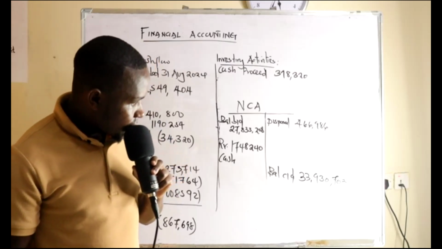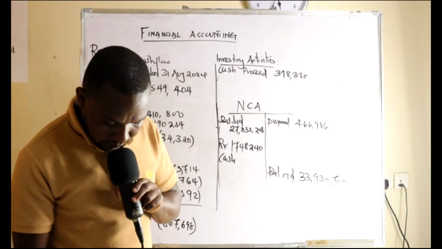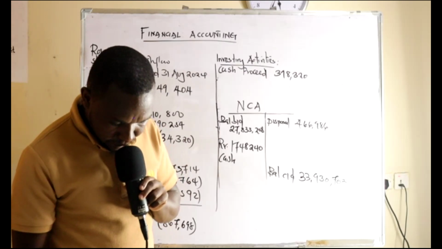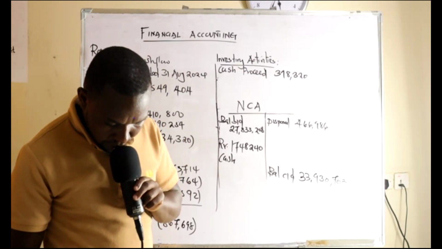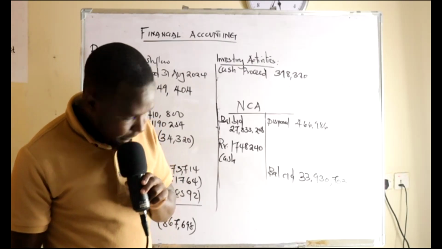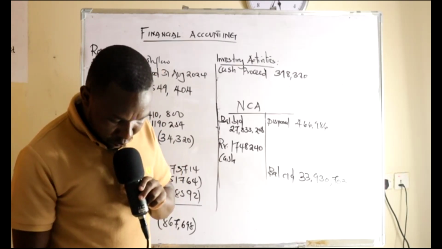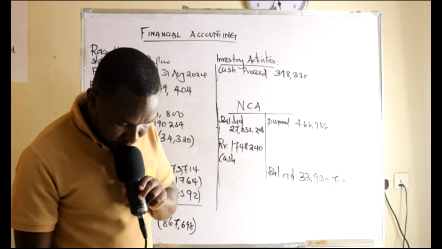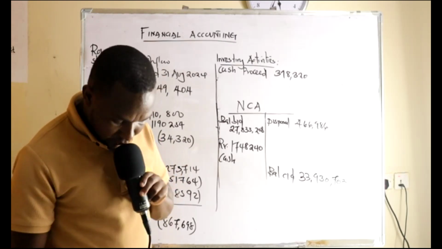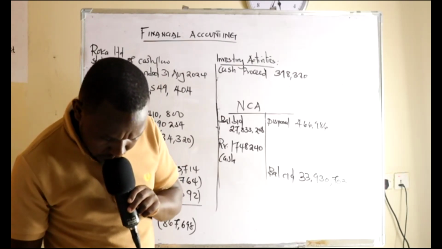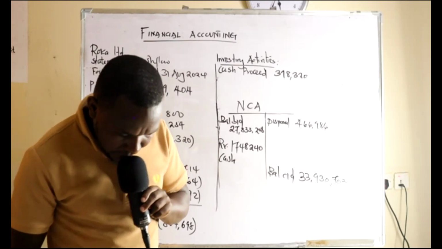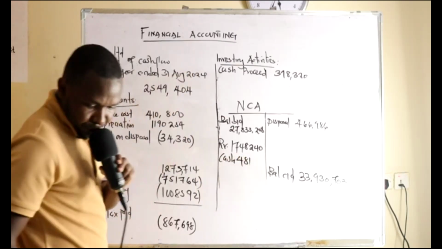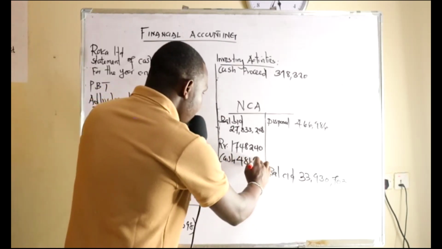So let's do the addition again. That 33,930,702 plus 466,986 minus 27,833,208 minus 1,748,240. So I'm getting a difference of 4,816,240.